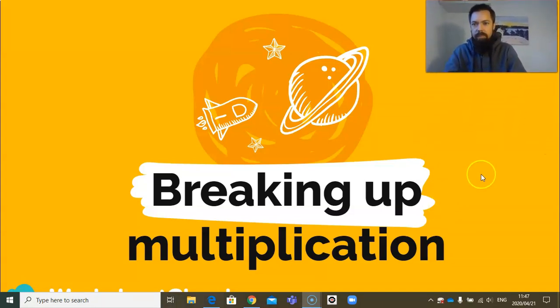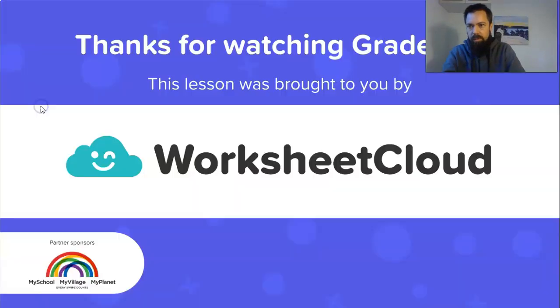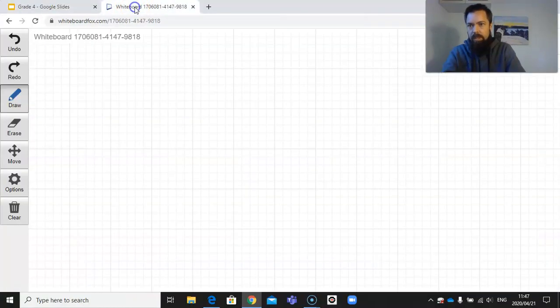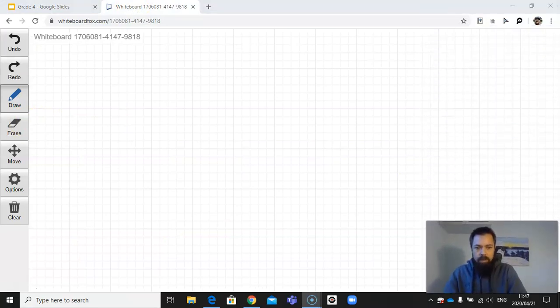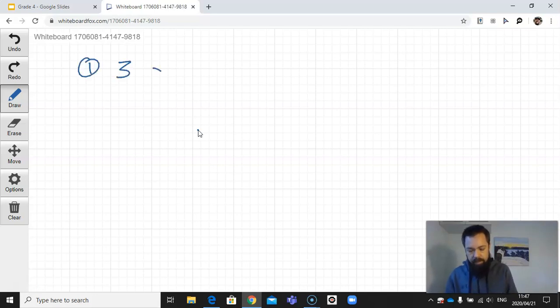Let's go across to our whiteboard. So it's going to go to the end page so that we can do some workings out. Okay. Let's start off by looking at 3 times 14.